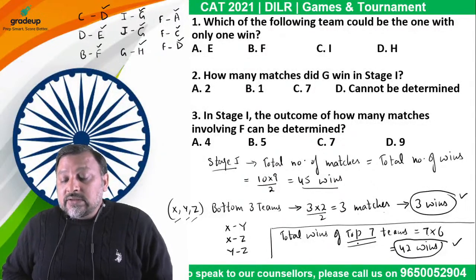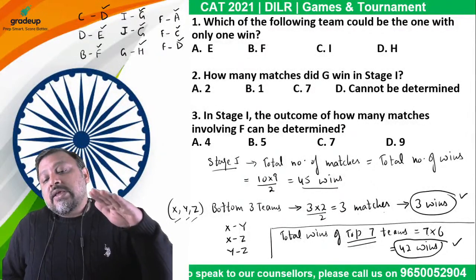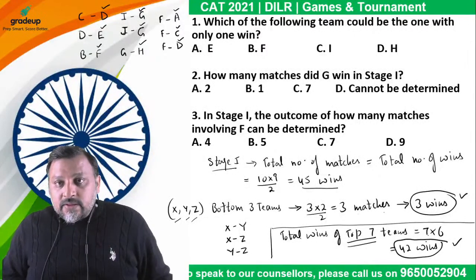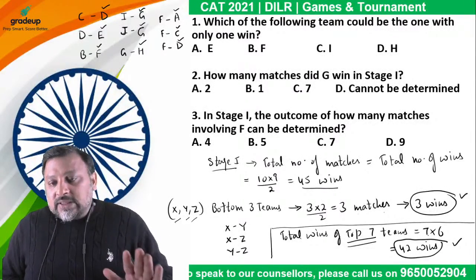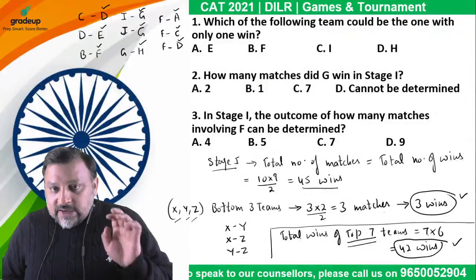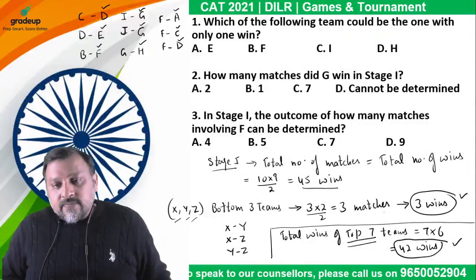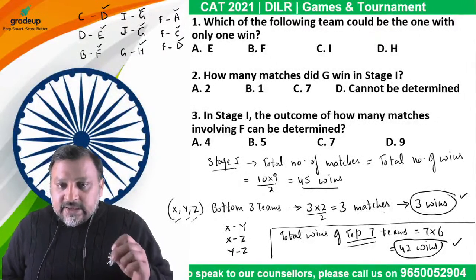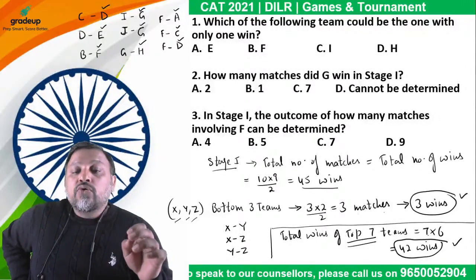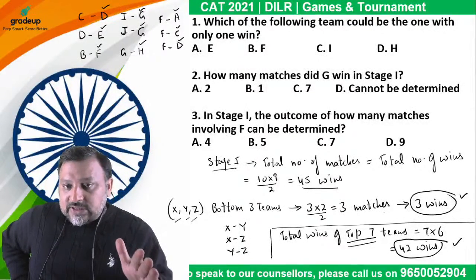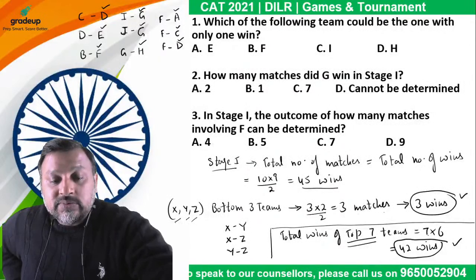Can we say this? जो बॉटम की 3 टीम्स हैं ये अपने सारे मैचेस हारी हैं टॉप की 7 टीम से. अगर ये बोल सकते हैं, ये समझ में आया, so just say yes. If you have some confusion you can ask me to explain again. What I am saying is that can we conclude that the bottom 3 teams have lost all their matches against the top 7 teams?